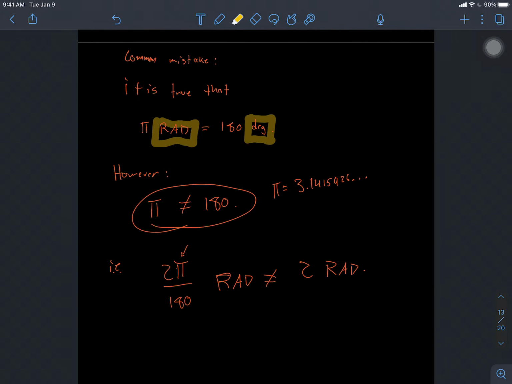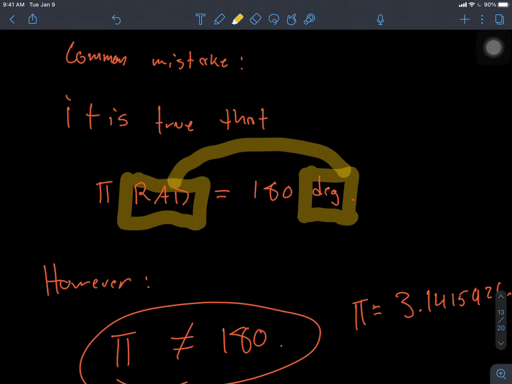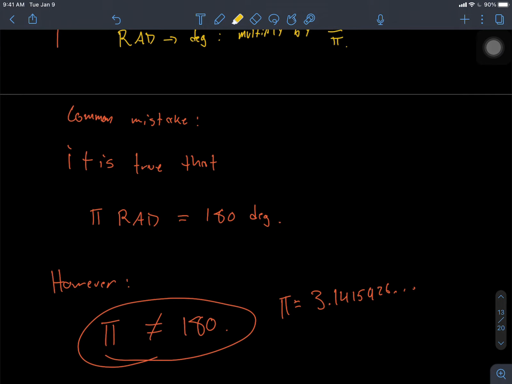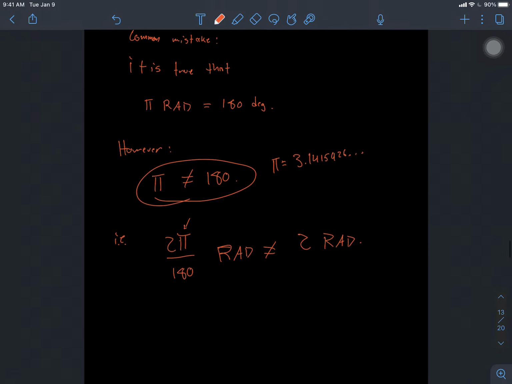Okay? And the reason that this equation is true is because a radian is not the same as a degree. That's really the crux of the biscuit, as it were. Okay, so that's a common mistake to avoid.